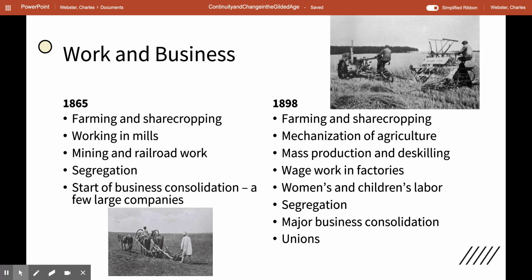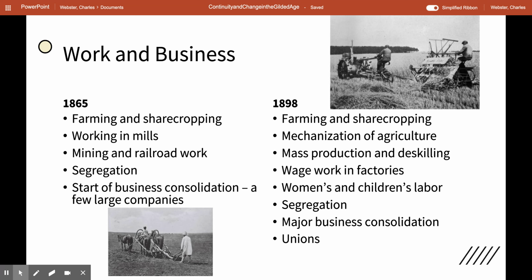And a lot of this factory growth was driven by new business practices like mass production on the assembly line, which broke complex tasks down into tiny steps so that no one required much training to work in a factory. A process known as de-skilling as well.